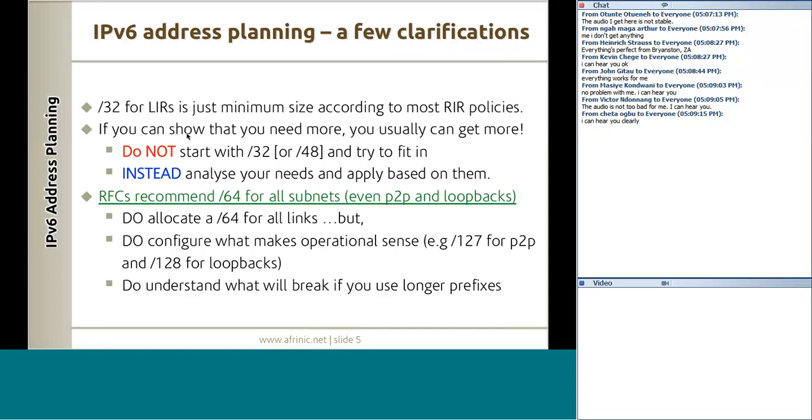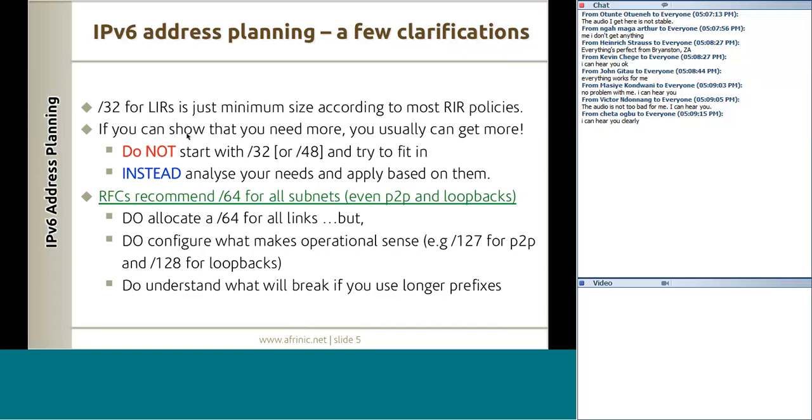Now, this does not mean that you should start out with a /32 and try to fit your network into it. That's quite the wrong approach. Instead, you should analyze your needs and apply based on them. If you can show that you need a /24 or a /20, I am very sure that AFRINIC is going to be able to give you that.